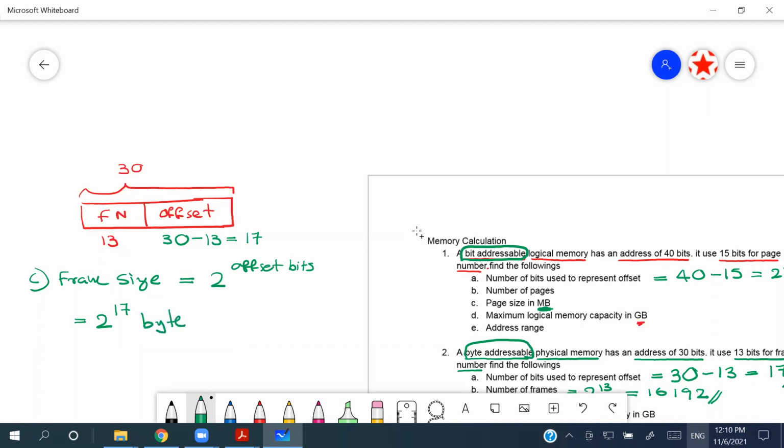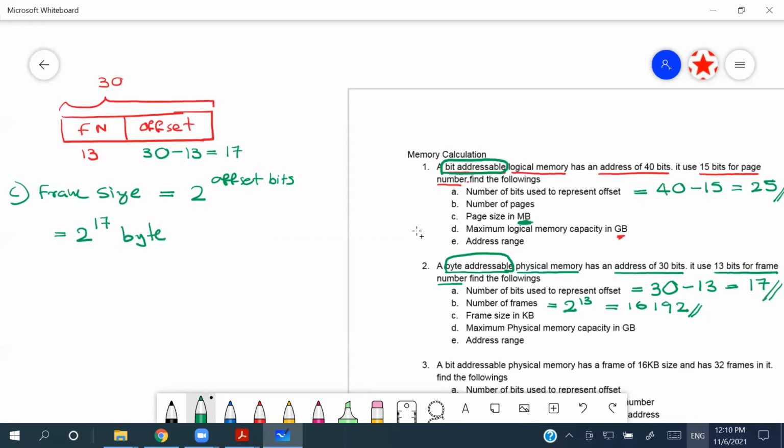They are asking for the frame size in kilobytes, so I have to convert 2 to the power 17 bytes into kilobytes. It's a direct conversion: 2 to the power 17 times 2 to the power minus 10 kilobytes. That means 2 to the power 7, which is 128 kilobytes.